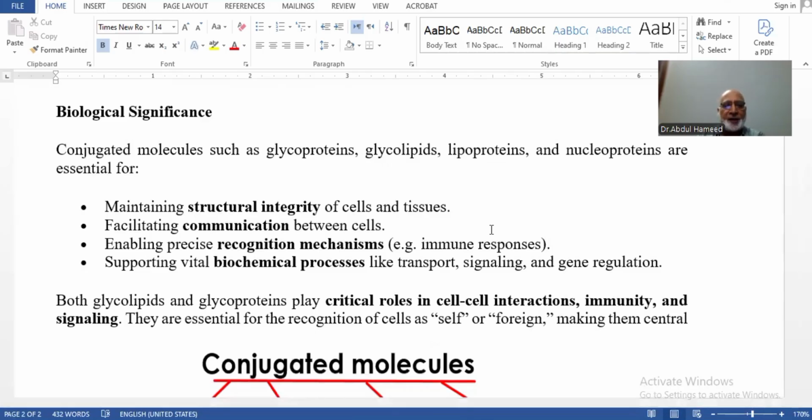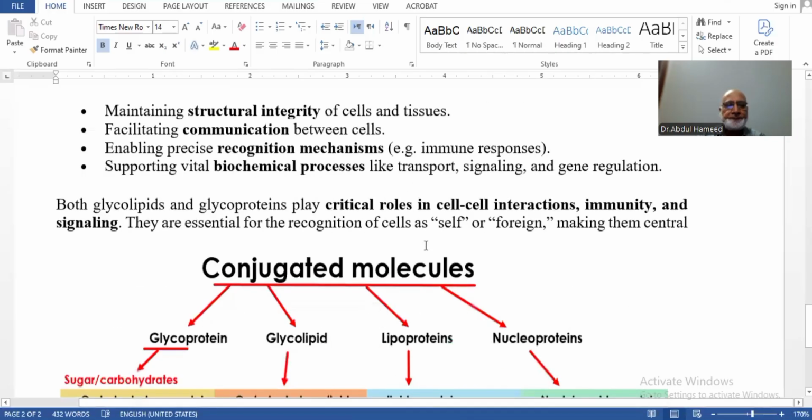Both glycolipids and glycoproteins play a critical role in cell-to-cell interactions, immunity, and signaling. They are very essential in order to recognize a cell as self or a foreign structure, enabling the defense system to fight or leave the incoming molecules.